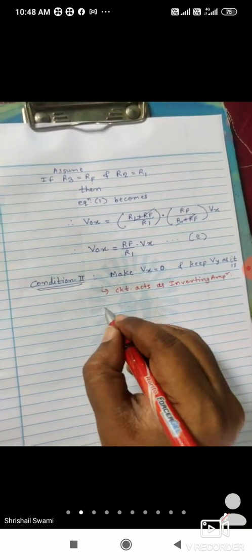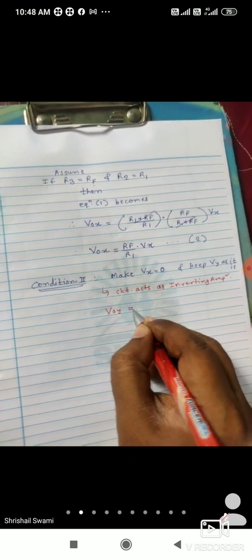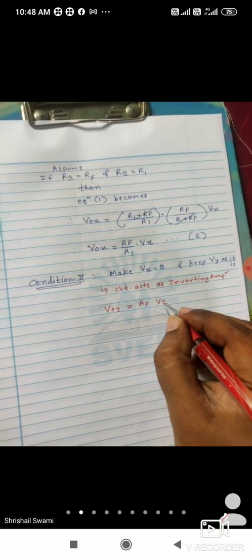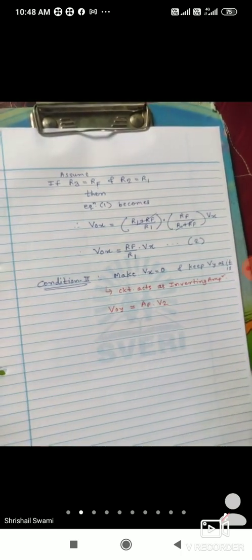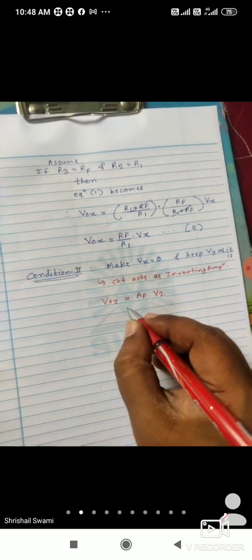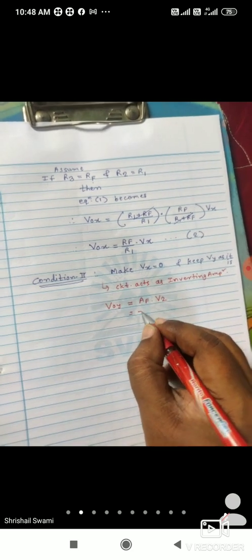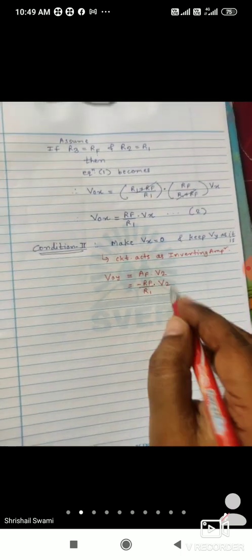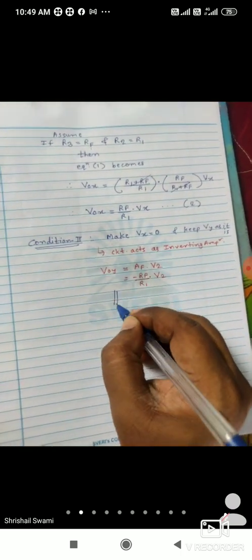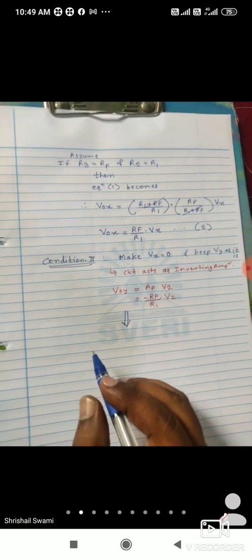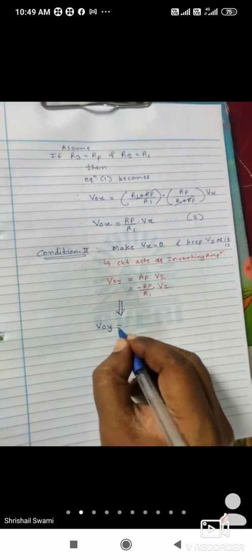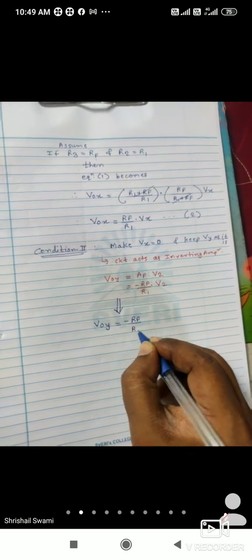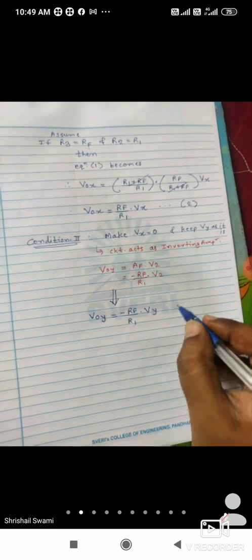In that case, Voy is equal to AF into V2. AF in this case is nothing but minus Rf divided by R1, and V2 is the voltage. Now V2 again you can calculate. Following the same method, directly I will give Voy is equal to minus Rf divided by R1 into Vy. So this is equation number 3.